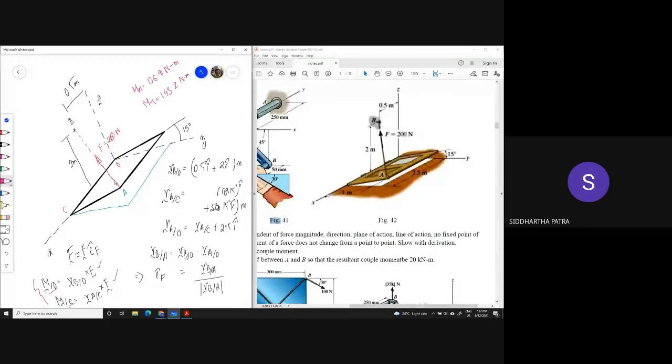So I would suggest you make yourself familiar with 3D geometries and three-dimensional problems, and the only way to do that is to practice more. For all the sections that we have covered so far, practice more and more problems, as many as required for you to be very comfortable with three-dimensional problems. You might know a lot of concepts, but at the end of the day, you should also be in a position to do the math.